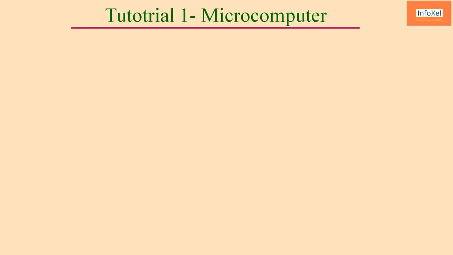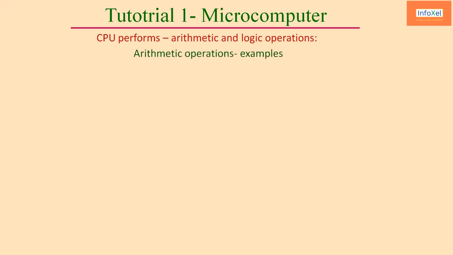We will now discuss some operations of the CPU. The CPU performs arithmetic and logic operations. We will first see arithmetic operation examples. First example is addition of two 16-bit numbers. We will discuss later what we mean by 16-bit numbers.